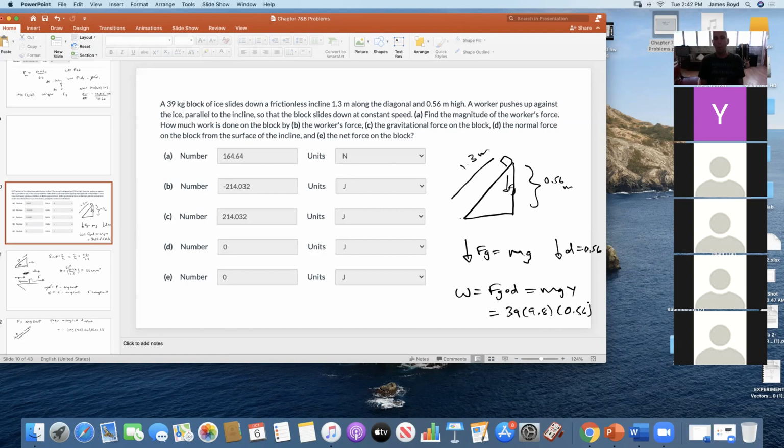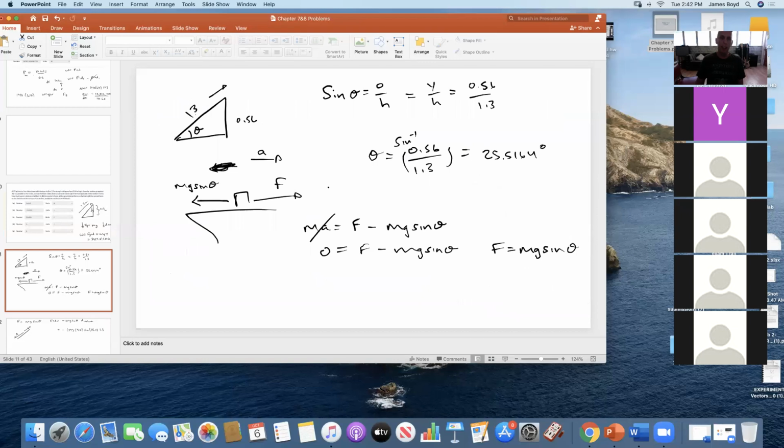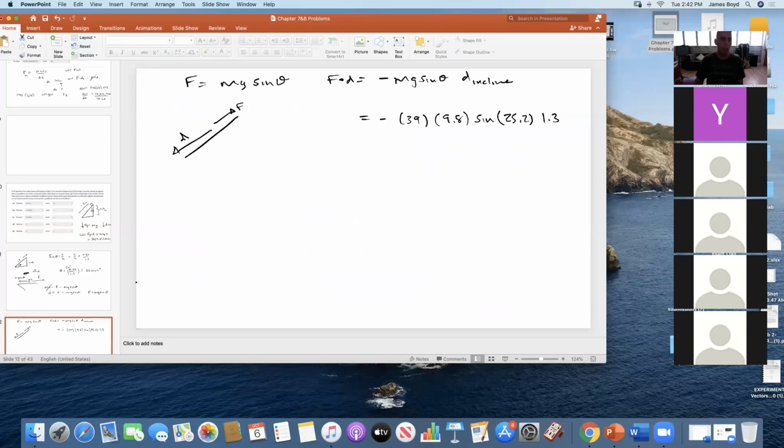Now, a couple things that are super important here. This is the part that you really need to pay attention to. The force that the worker was applying, he was applying it up the incline, and the displacement was down the incline. So the worker was doing negative work because his force was actually acting opposite to the direction that the block traveled.